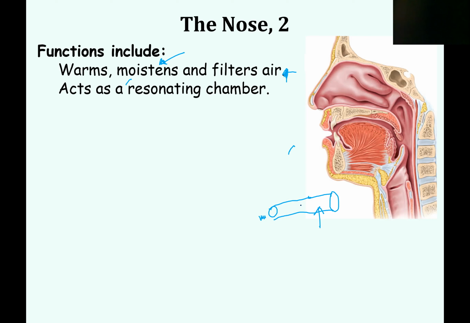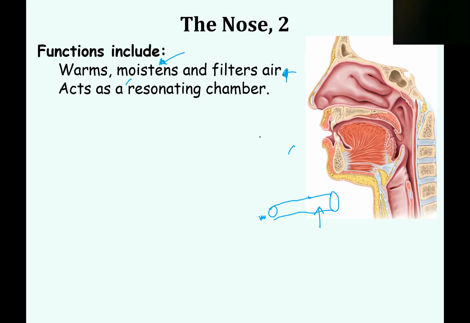So it's going to amplify, alter, modify the sound that's produced by the vocal cords. So it's like the big end of the megaphone. It's going to make it louder. It's going to make it altered. And you can experience that if you plug your nose, and it's going to change your voice. Because if you don't put the sound waves through your nose and your pharynx, then it's going to alter your voice.